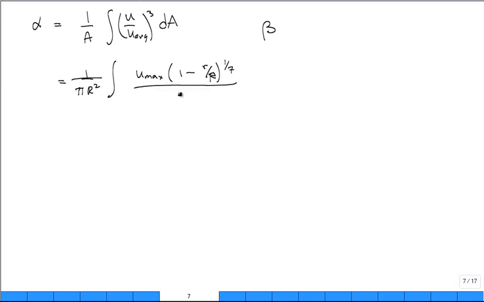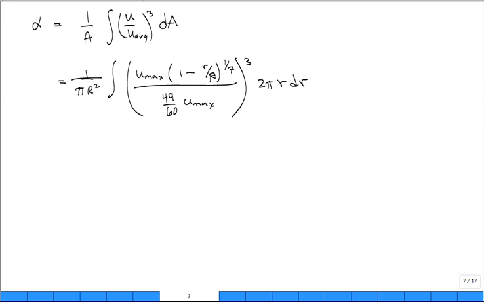And V average we just computed was 49/60ths of U max. True? And that's all cubed. And then we have 2 pi r dr. Make sense? We're not going to be able to fit beta in that page. We'll just do alpha this page.